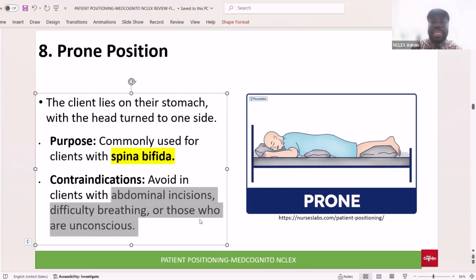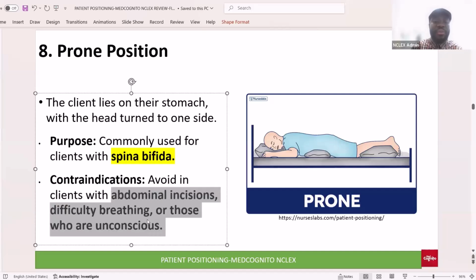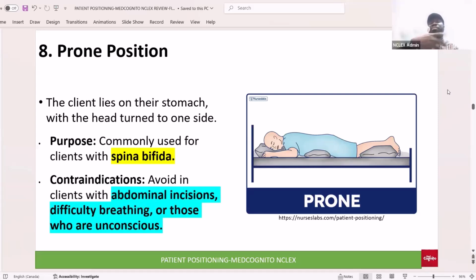Imagine if the client is unconscious and you put him this way: the client may vomit and then aspirate the vomitus. So be very careful with the prone position.